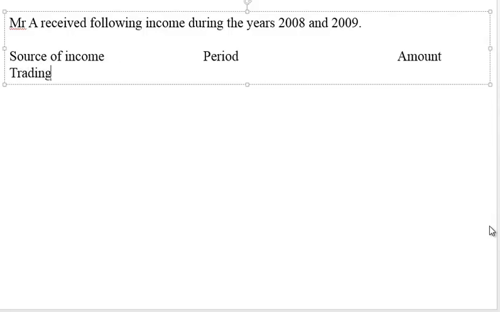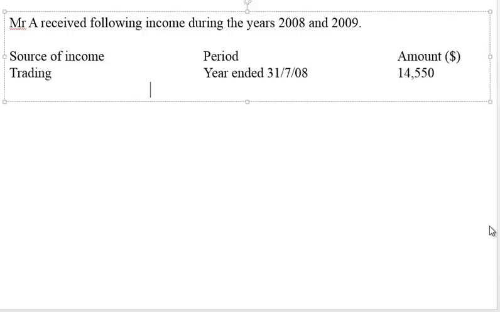The first one is trading income. Trading income received for the year ended 31st July 08 is $14,550. Similarly, trading income for the year ended 31st July 09 is $10,360.